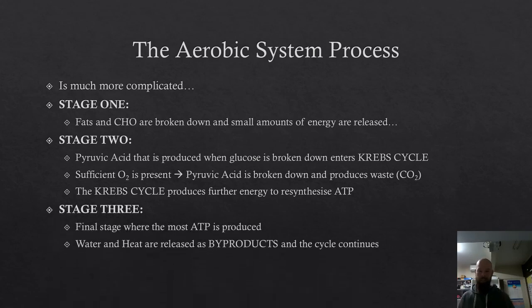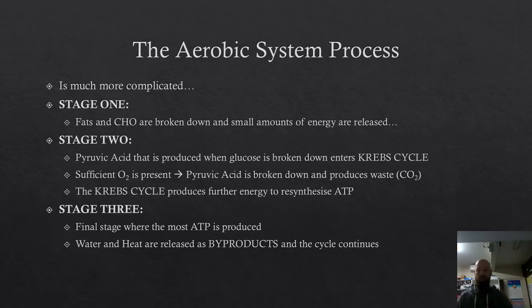Then finally at stage 3, this is where the most ATP is produced, and the byproducts are broken down. You get water, you get heat. So the water comes from when you sweat, the heat comes because your muscles are doing stuff, your body gets hot. They're byproducts that are not going to harm your performance.